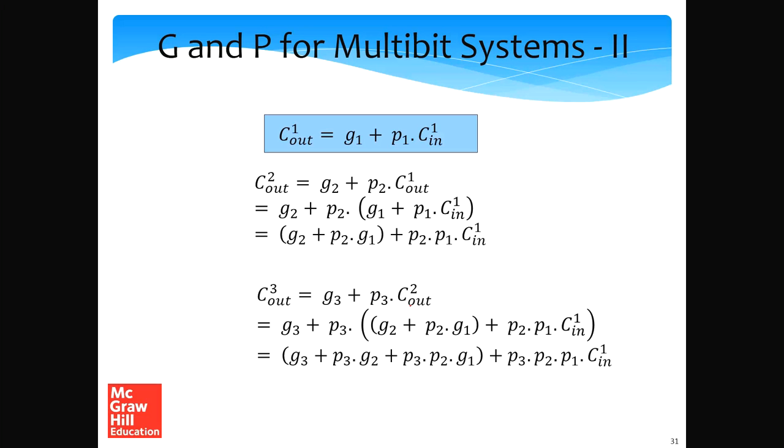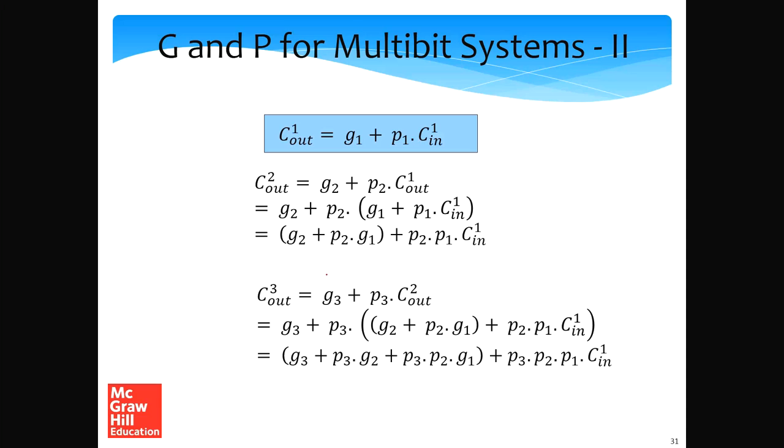So now let's write some basic equations for multi-bit systems and let's see what it looks like. Let's say we have already derived this, that for the first bit pair, Cout1 is G1 plus P1 and the carry that is coming in, which is Cin1.